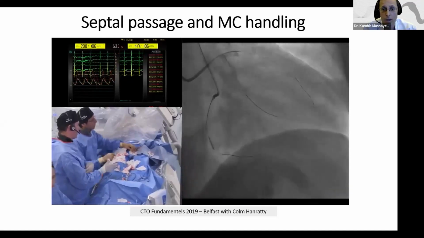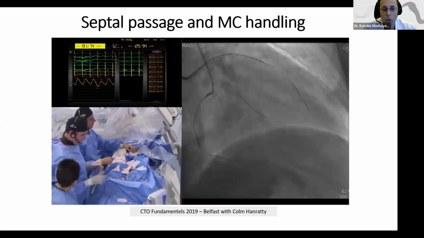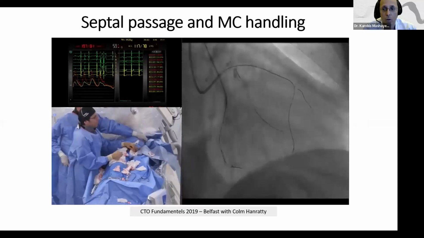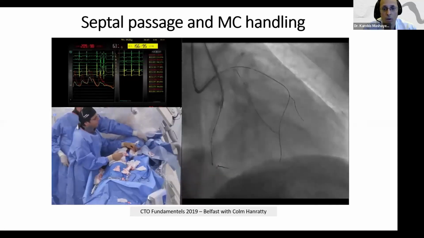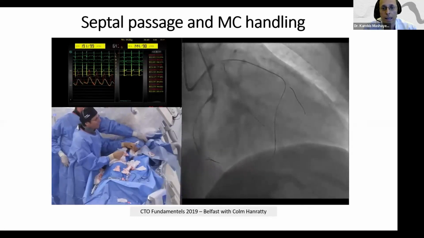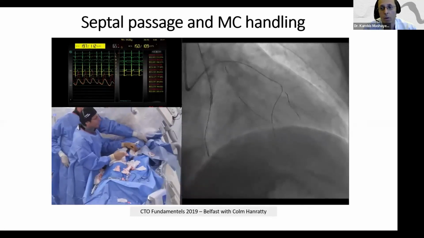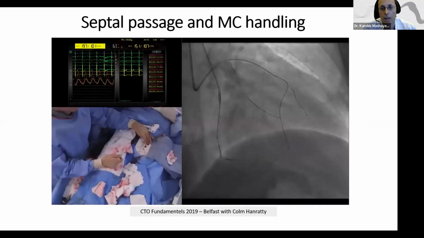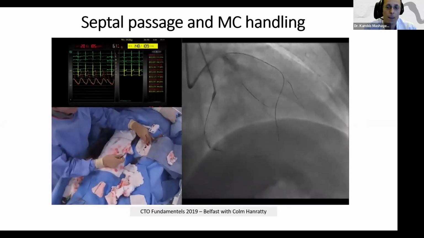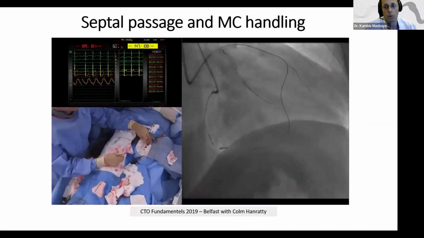So now look at the hands. It's about how you bring the Corsair down, and what you will see is a clockwise and counterclockwise rotation. Here, I rotate counterclockwise and bring the Corsair through this septal connection forward. Here you can see it very nicely. It's a counterclockwise rotation, and the Corsair just slips over.